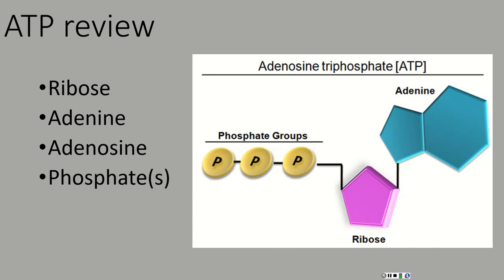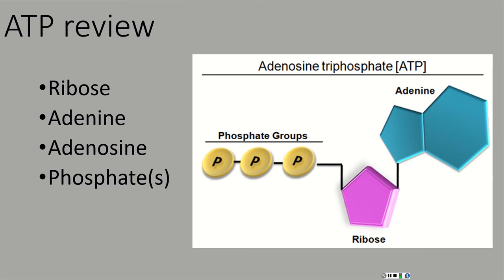And the final bit of review for today is ATP. We talked about this at the very end of chapter 2, but just to review, remember, ATP is a nucleic acid. And like any nucleic acid, it's composed of a nucleotide. So here we see a nucleotide, and specifically, it is a nucleotide of RNA.